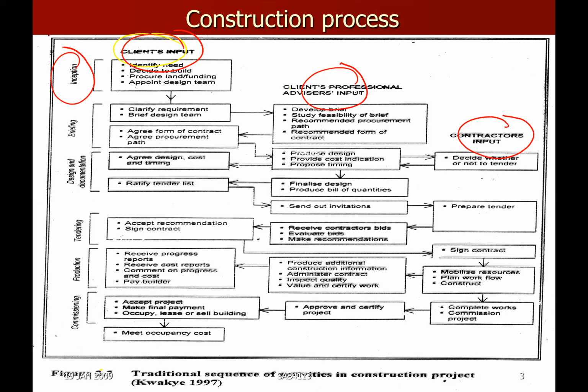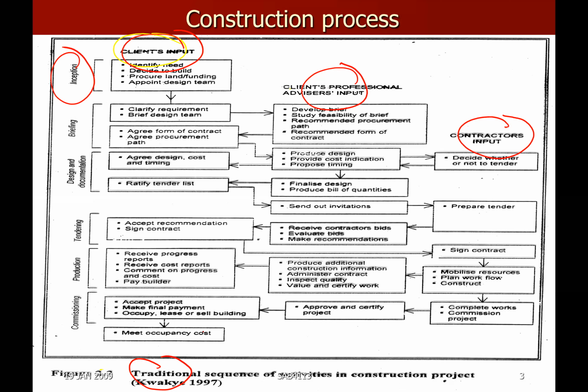For example, Inception. So in Inception, the contractor does not come into this place yet unless the contractor is involved in a design build kind of contract. What we are talking about is traditional. If you look at the note down there at the bottom here, we call it traditional construction. Traditionally, this is what the process is all about.